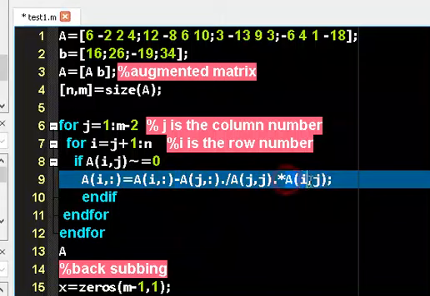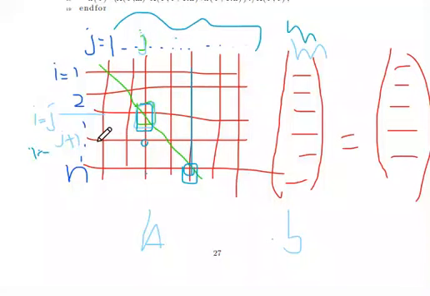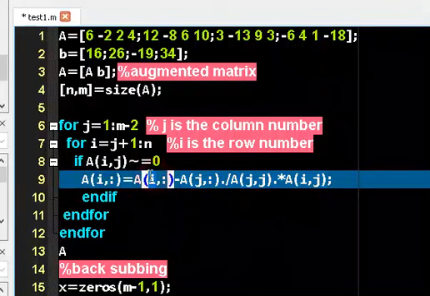Then you add this jth row, after multiplying it by the negative of this value, to this ith row here, right?